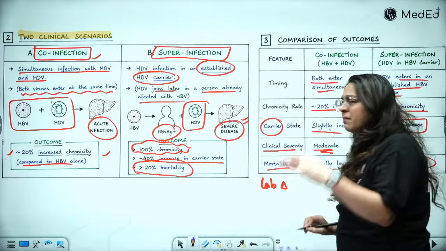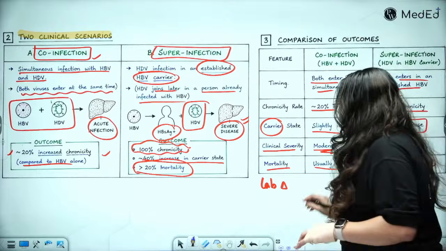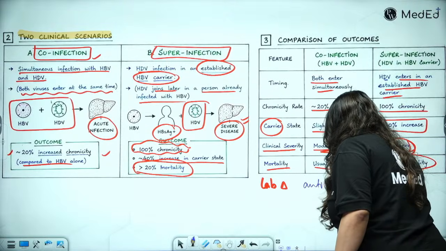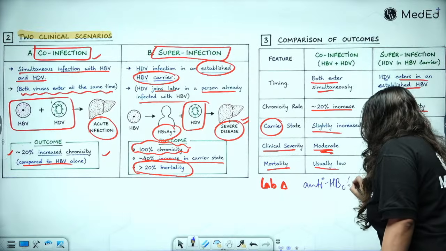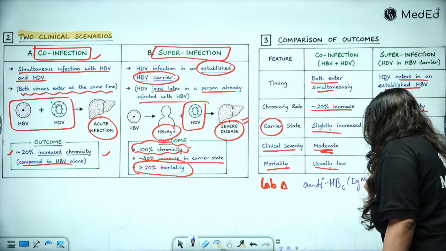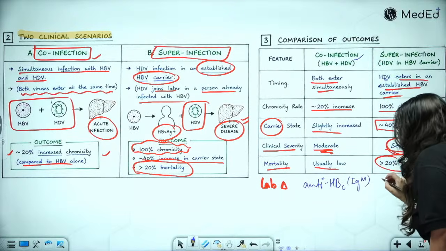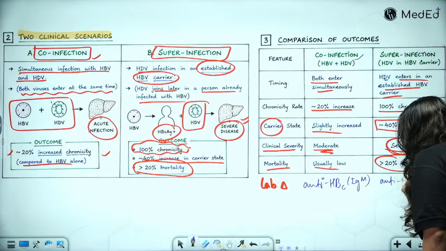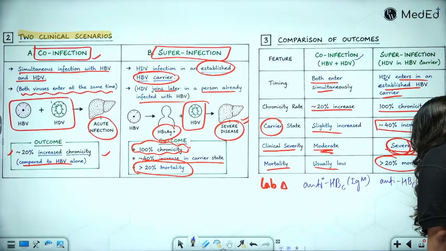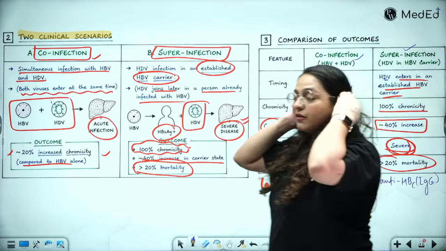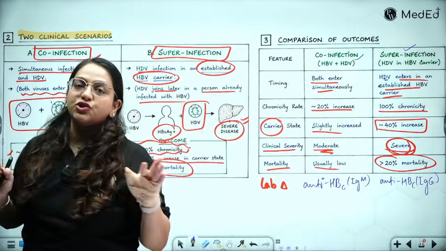What is that one marker which will differentiate the two? It is the anti-HBc. If the anti-hepatitis B core is IgM type, then it is a co-infection. If the anti-hepatitis B core is the IgG type, then it is a super-infection. This is the one antibody which can differentiate the two conditions.